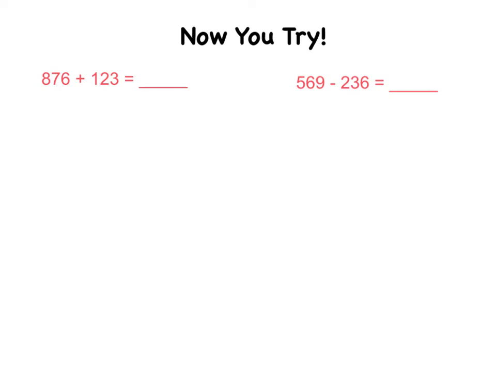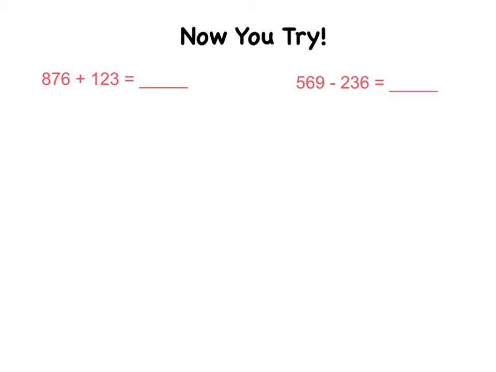Now let's try some equations on our own. Go ahead and pause the video and grab a sheet of paper and a pencil. Once you have your materials, go ahead and write the following equations: 876 plus 123 and 569 minus 236.